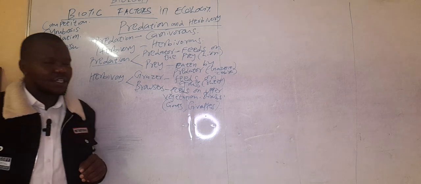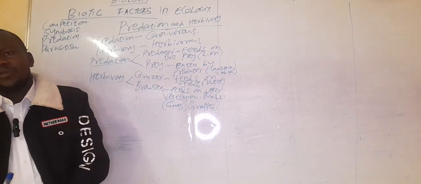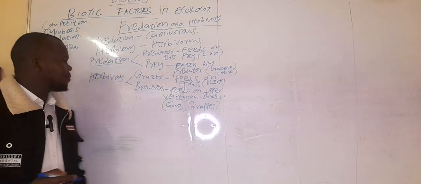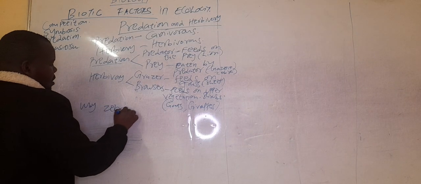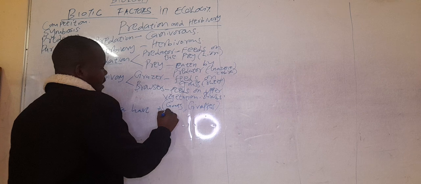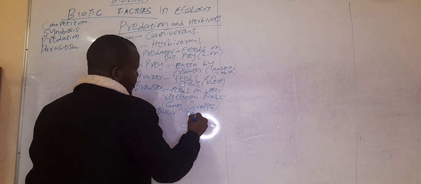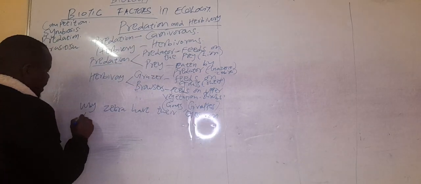In this herbivore section, you may get a question: why do zebras have their eyes on the sides of their head?